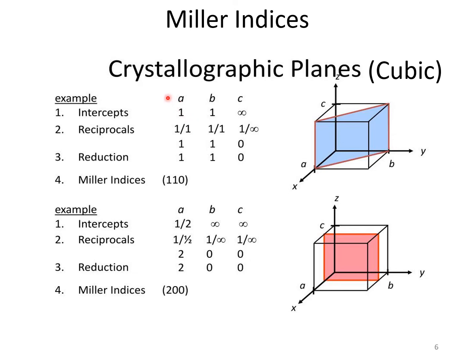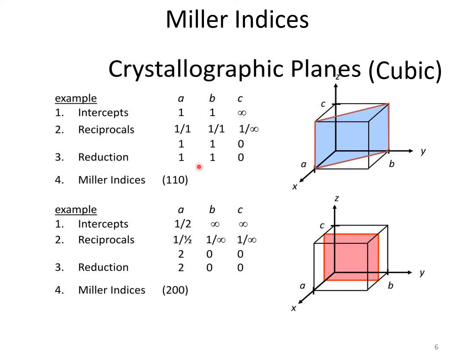So we have three lattice parameters, a, b, and c, which define the size of the cube, the spacing of the atoms. We take the reciprocal of the intercept with respect to the lattice parameter, and then we have a set of numbers, 1, 1, 0.